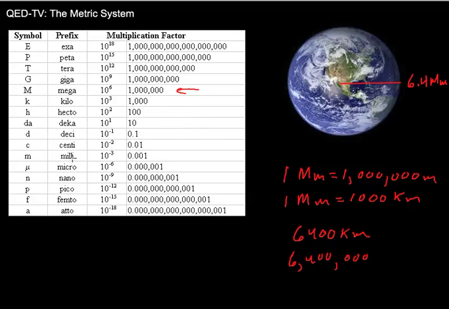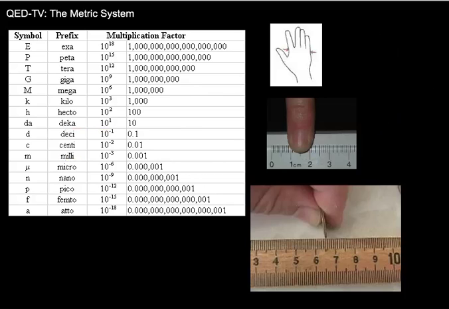Let's go down to the other end now. We're going to go down below meter to deci, centi and milli. Let's look at those all at kind of the same time. A decimeter, 1 decimeter. Deci means 1/10 or 0.1.